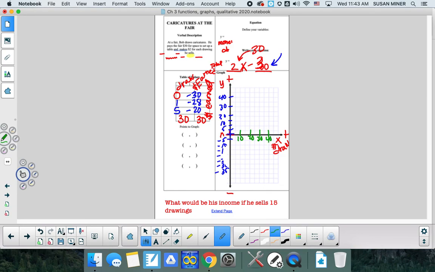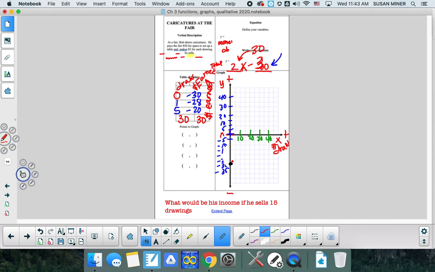Okay. So if I sold 0 drawings, remember my money I've made is minus 30. If I sell 1 drawing, I'm only at minus 28. I want to put a very tiny 28 dot in there.